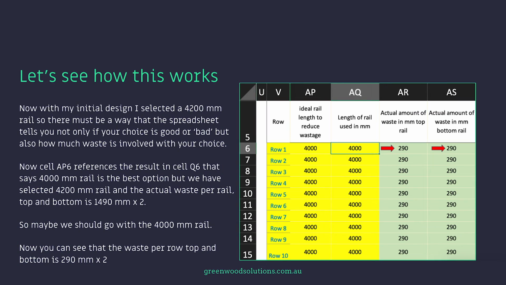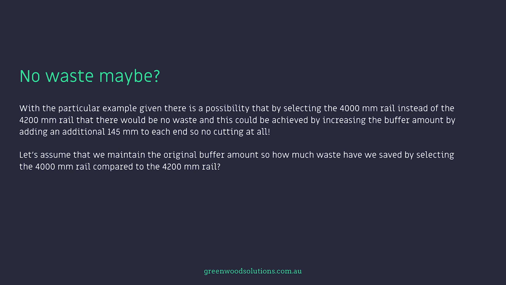That's what it says, and if my spreadsheet is correct, and it is, you can see that the waste per row top and bottom is 290 mil times 2. Now that's a big difference from the 1,490 mil times 2 by selecting a slightly longer rail. With the particular example given, there is a possibility that by selecting the 4,000 mil rail instead of the 4,200 mil rail, there would be no waste.